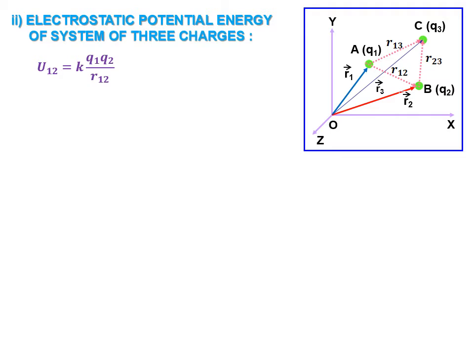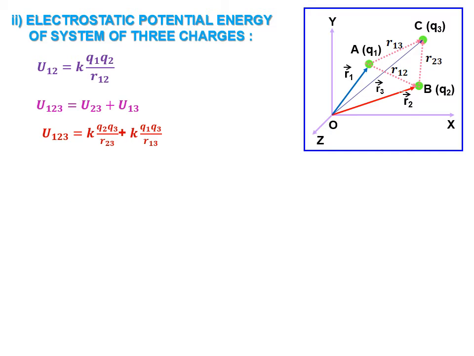So how will we write this? Let us take the third charge in the presence of the first and second. You have to do work against the second charge and also against the first charge. So you can write U123 as U12 plus U23 plus U13, where the last two terms are K Q2 Q3 upon R23 plus K Q1 Q3 upon R13.